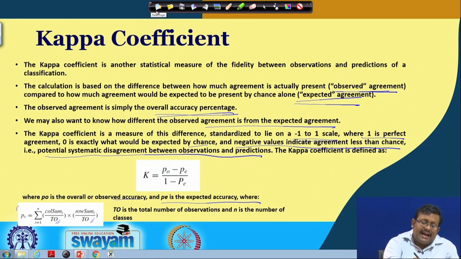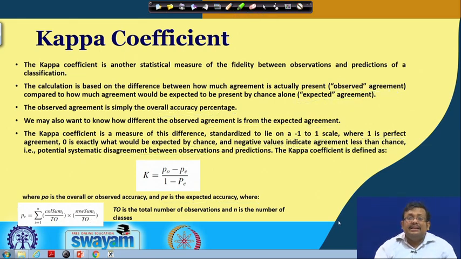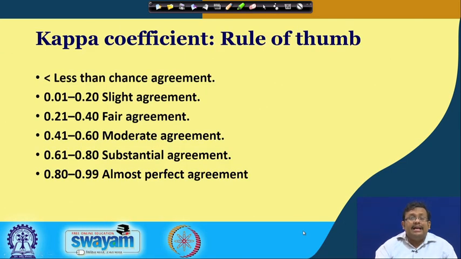Now, once we calculate the kappa coefficient, what is the next step? What are the different cutoff values of the kappa coefficient? As a rule of thumb, scientists have devised certain cutoff values for the kappa coefficient.